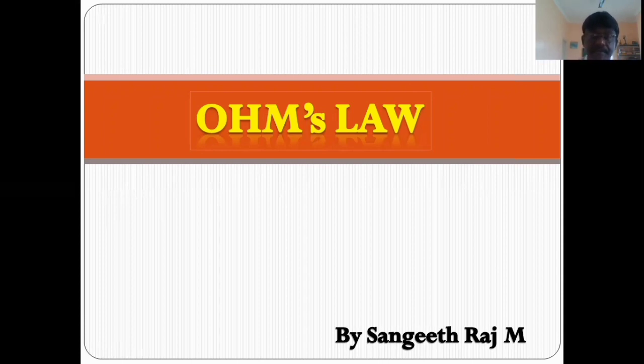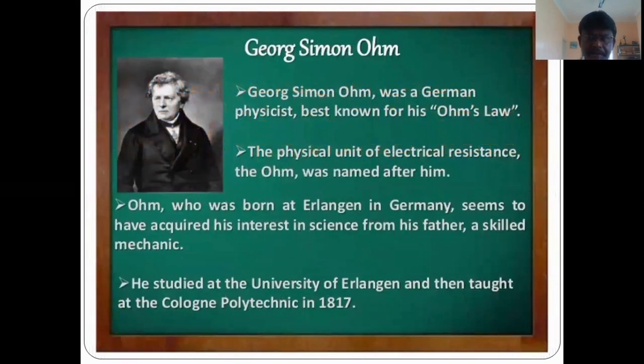First, let us know about the great person George Simon Ohm. George Simon Ohm was a German physicist, best known for his Ohm's law. The physical unit of electrical resistance, the ohm, was named after him.